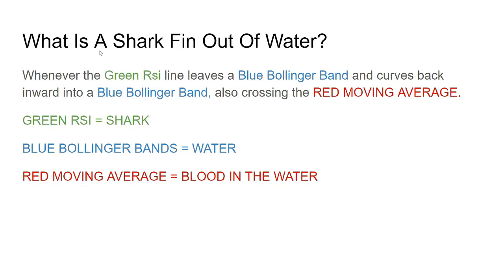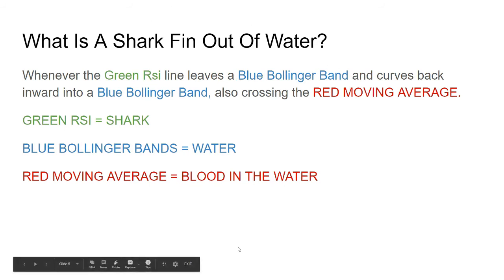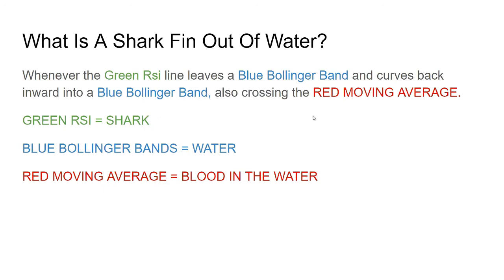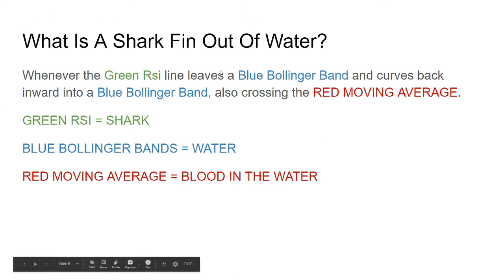But anyway, what is a shark fin out of water? Whenever the green RSI line leaves a blue Bollinger Band, either above it or below it, and then curves back inward into the same Bollinger Band it just broke, and also crosses the red moving average, that's when you can tell it's a valid shark fin out of water.